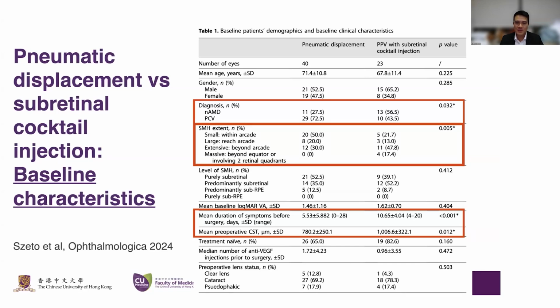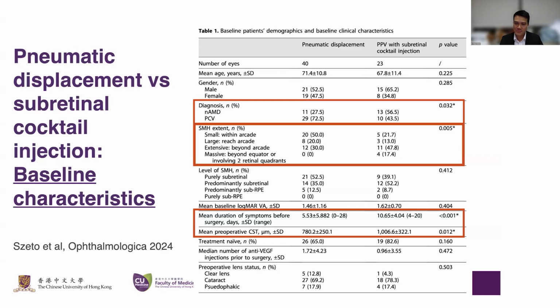We performed a retrospective comparative study. Of course, because of the retrospective nature, the two groups differ in baseline characteristics. You can see that the submacular hemorrhage tends to be worse in the subretinal injections group. They had more extensive submacular hemorrhage, longer durations of symptoms before the surgery, and higher mean central subfield thickness before the surgery as well.